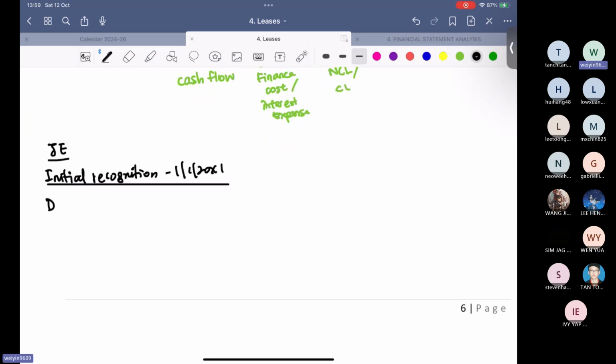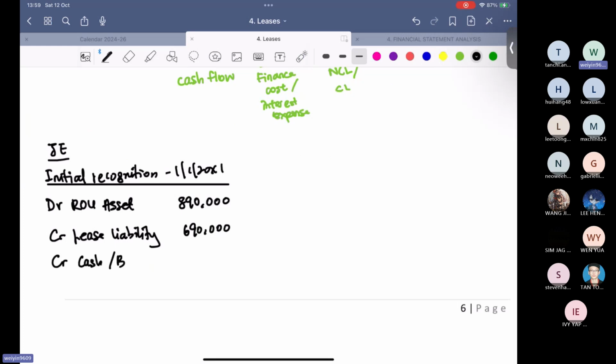So I will debit ROU asset 890,000, credit lease liability 690,000, and then credit cash or bank 200,000.